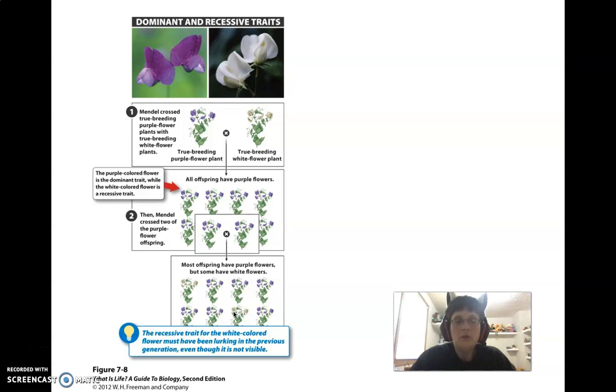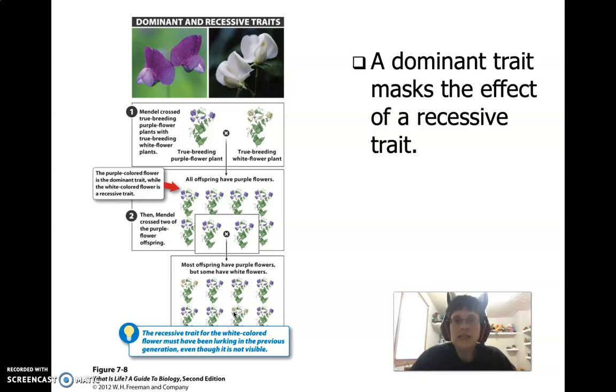And so what he got from this was the idea of a dominant trait and a recessive trait. So a dominant trait is one that masks or covers up a recessive trait.